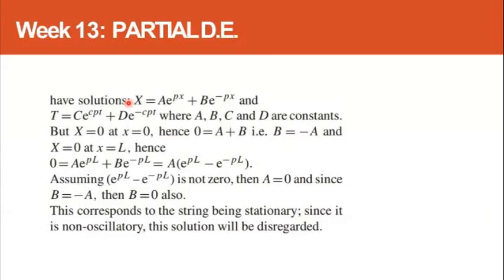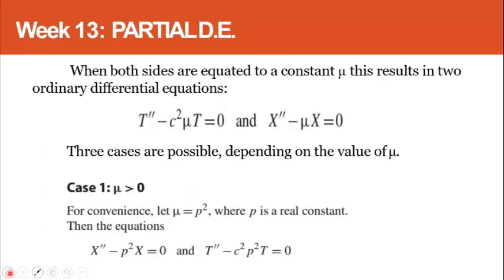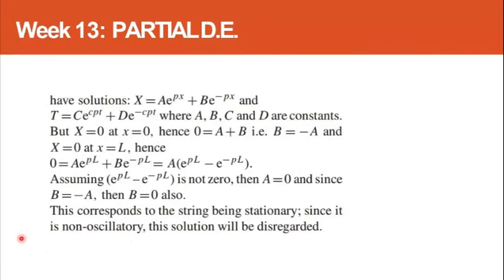Share lang again for the week 13. Hindi na siya detailed. Gagamitin lang din natin ang auxiliary equation and kakategorize lang natin yung value ng m. And after nun, makukuha natin yung general solution natin.